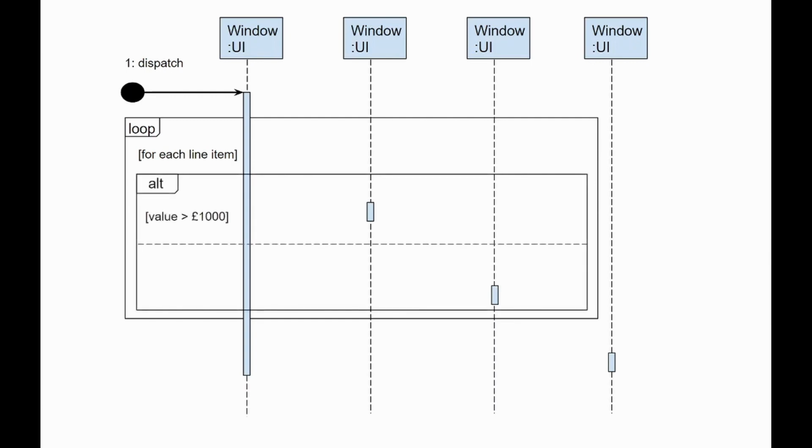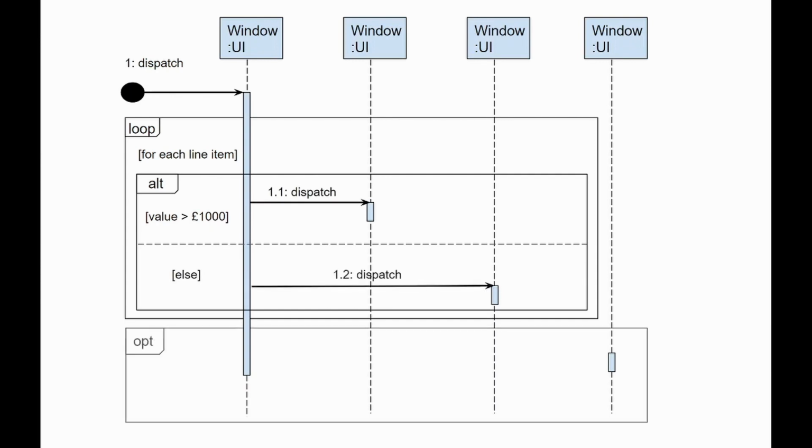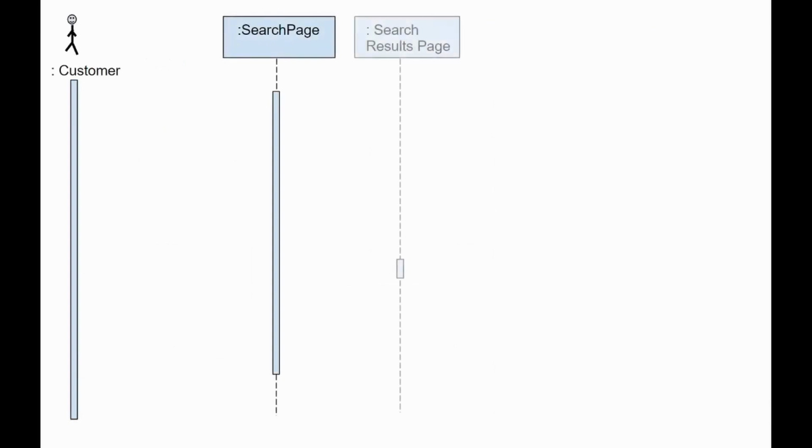To be more precise, a specification of a sequence of actions, including variants, that a system or object can perform, interacting with actors of the system. A scenario is a thread that describes a sequence of events that occur during one particular execution of a system that is often represented by a sequence diagram. For example, in this sequence diagram, there are two scenarios, the main one and the alternative one.